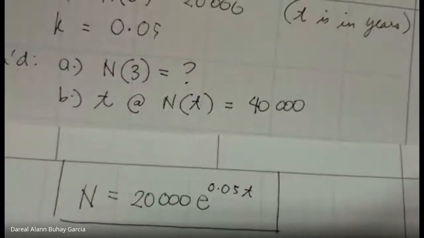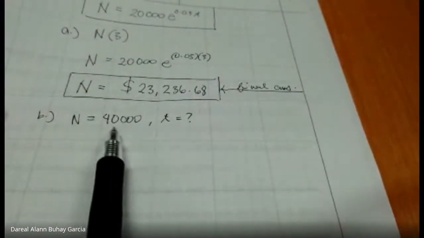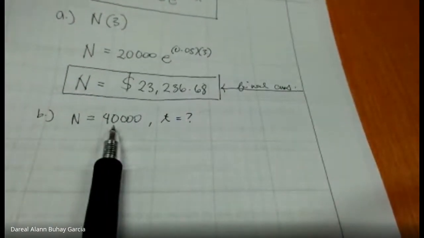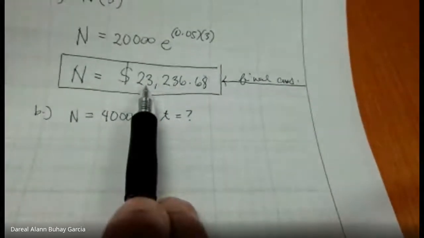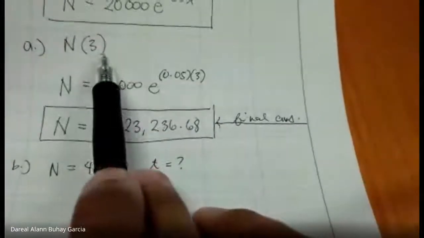Meaning, pila ka years after na mag-double ang atong kwarta. Pwede to maka-make of ka ng mga observations lang. 3 years after, ang atong 20,000, 23,000 pa. So, mas kakadugay na 40,000 ang atong kwarta at an interest rate of 5%.